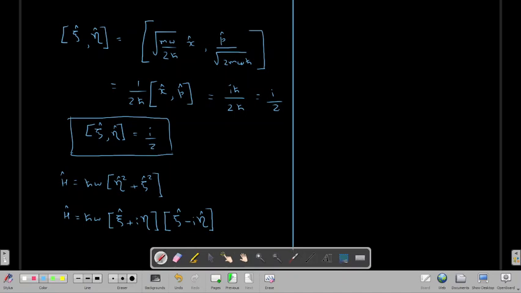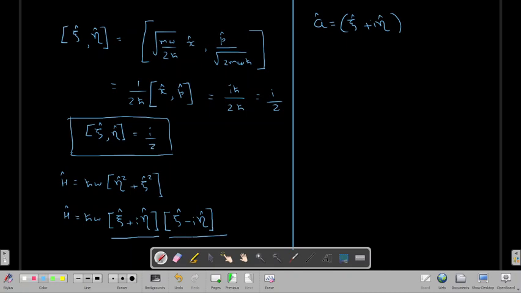So this quantity, and this quantity. So this is a linear combination of two operators, so I define it with some other operator which I call A. So A can be written as xi plus i into eta, okay.